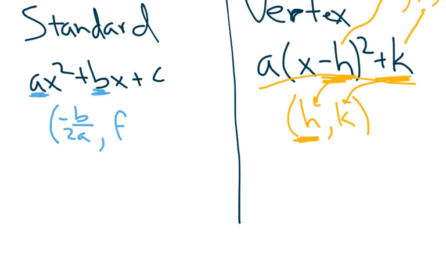Then you need to take that value, plug it into the equation, and whatever y value or output that gets you becomes your y-coordinate. And so that's the trick. Now what we'll do is a few examples so we can first find the vertex, and then we will talk about how we use that information to graph.